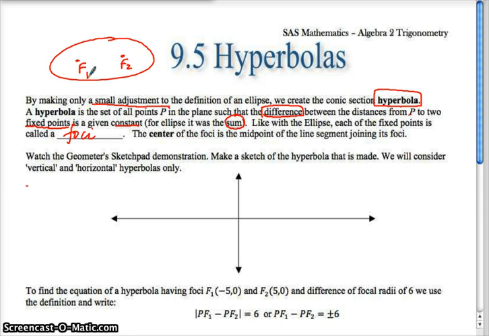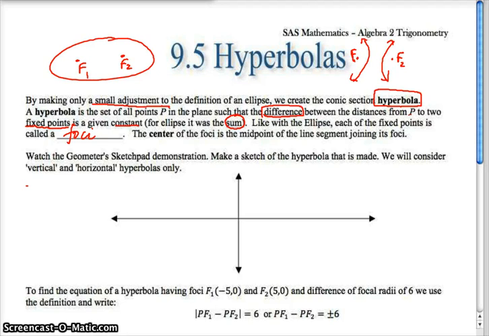A hyperbola looks like this. It's kind of like two parabolas back to back going opposite directions. This time your foci are going to be out here. I don't know if that's inside or outside, I guess, but it's kind of like the parabola where it's opening toward the foci. We'll talk more about that as we go along.